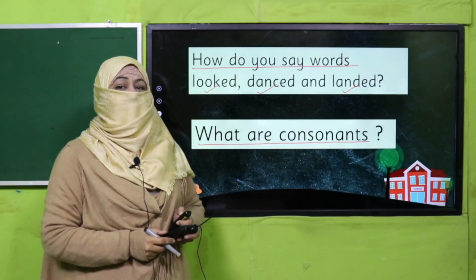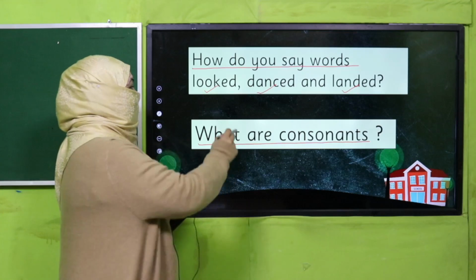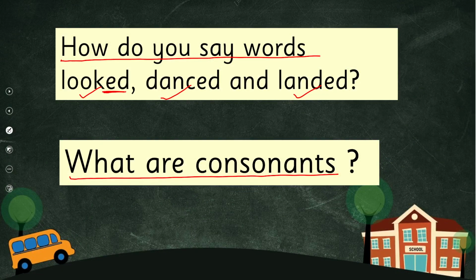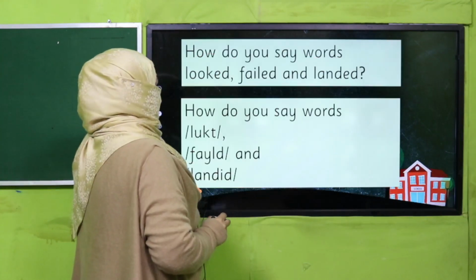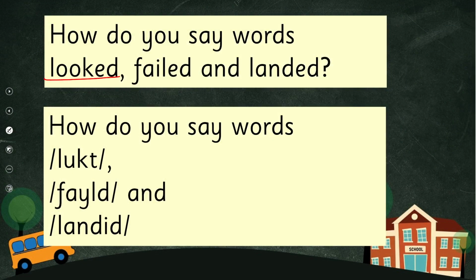Yes, my dear students, I hope you have answered. Now you know these three words are ending on ED, and in every word, this ED has a different sound. How do we find it? We learn today, okay? So this word we pronounce as looked, failed, and landed.